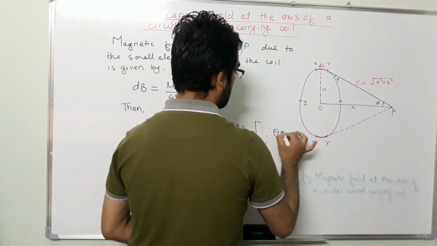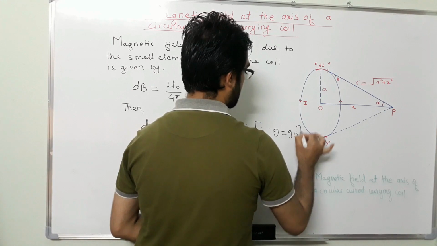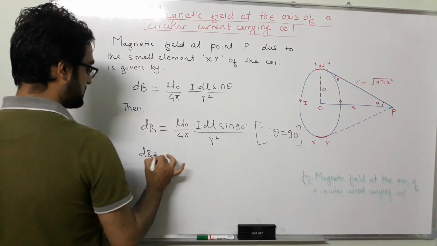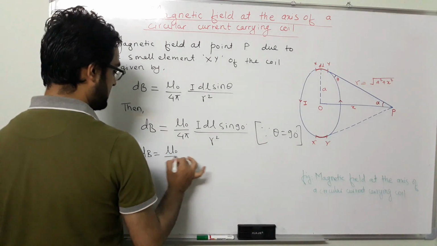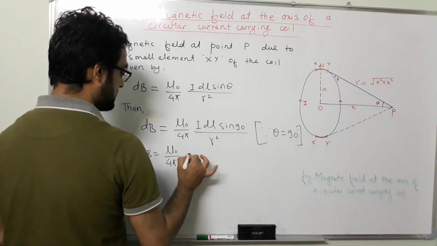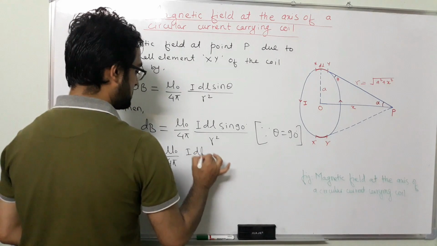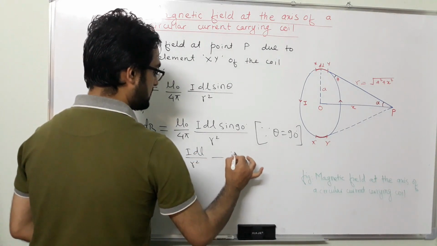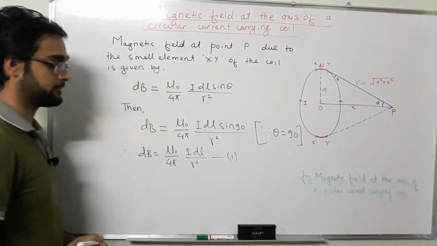Since theta is equal to 90 degree, therefore dB is equal to mu naught by 4 pi, I dl divided by r square. This is equation number 1.